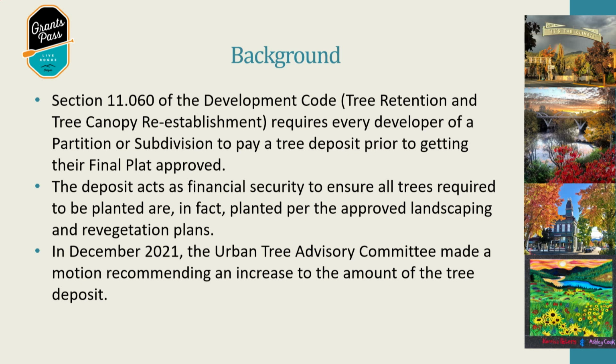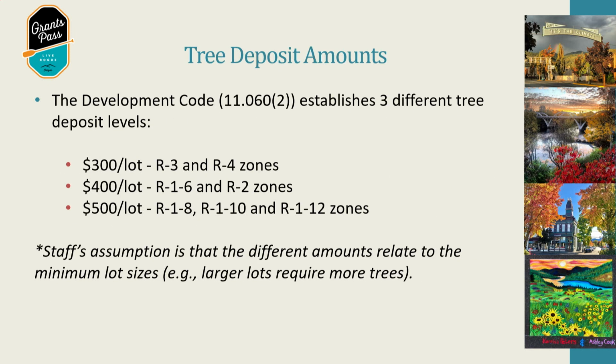The Tree Advisory Committee was looking at the amount that is currently in the code that is charged for the deposit, and that's kind of what instigated this motion to you. So the way that Article 11 currently reads is it breaks it up into three different levels. If you're in the R3 and the R4 zones, $300 per lot.